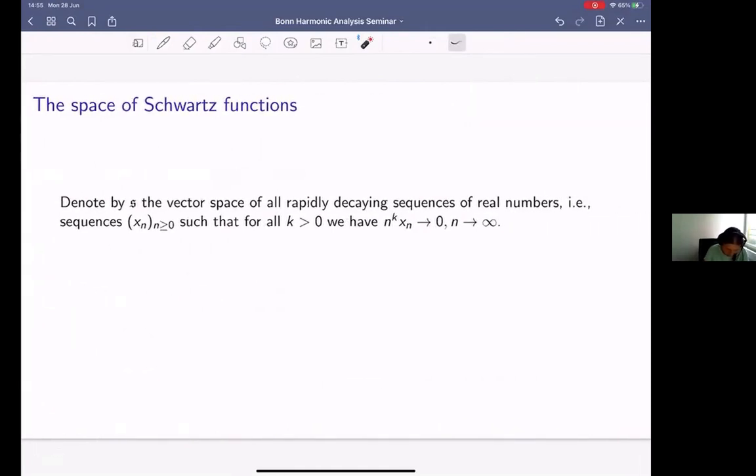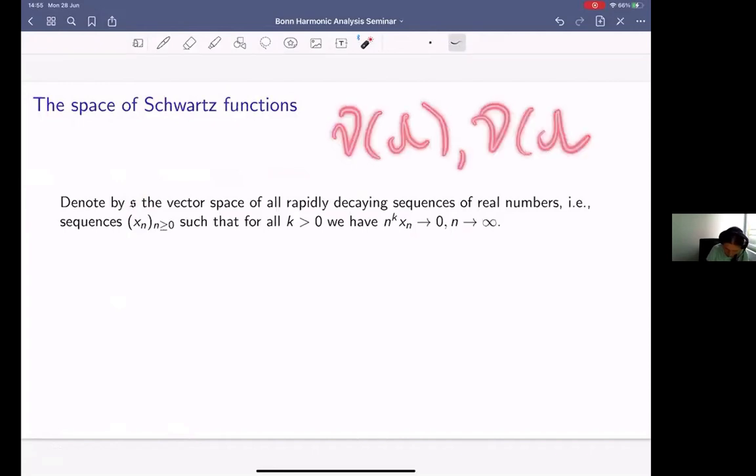Now let's consider the space of functions on our discrete sets. Here we will denote by this curly S the vector space of all rapidly decaying sequences of real numbers. This will be our analog of the spaces V of lambda and V of lambda tilde.